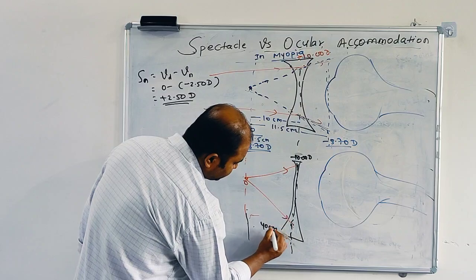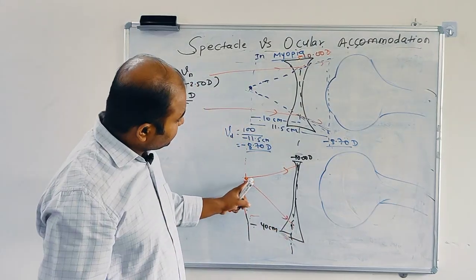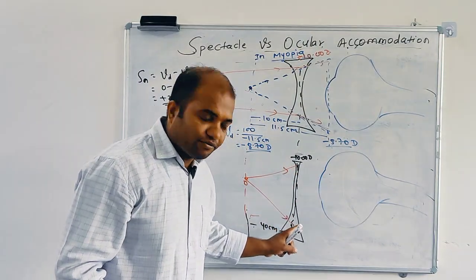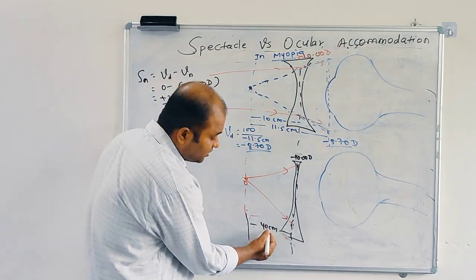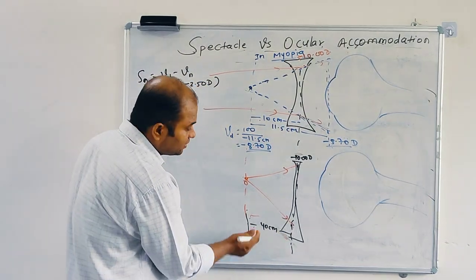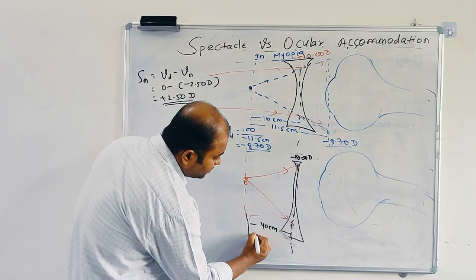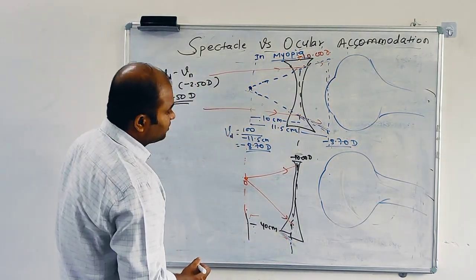So the Vergence of light reaching this spectacle plane will be minus 2.5 diopter, 100 by 40, and it is on the left side, so it is a divergent light ray, so it is minus 2.5 diopter before reaching.